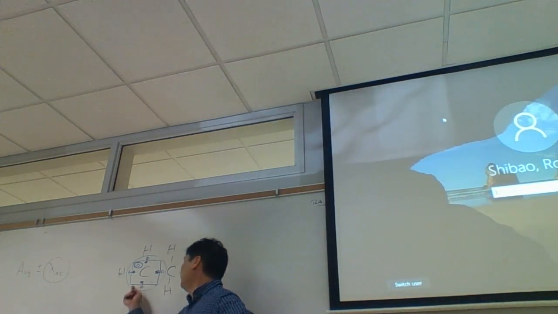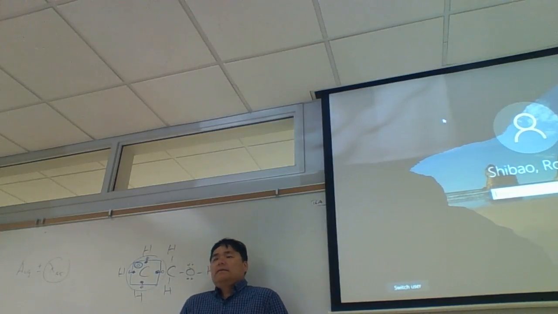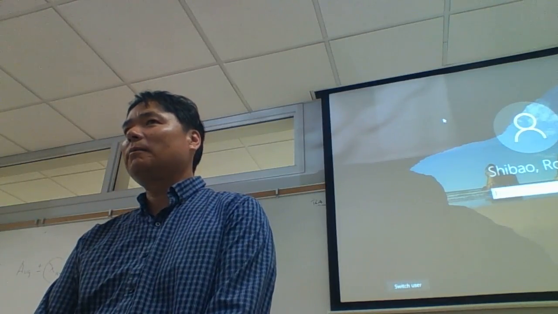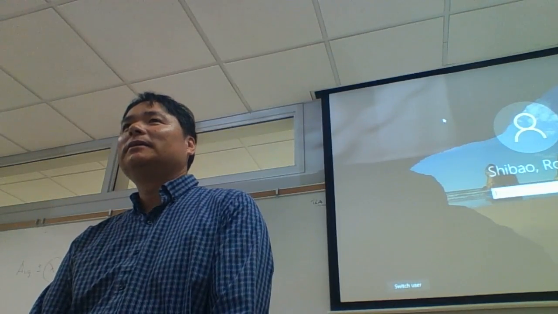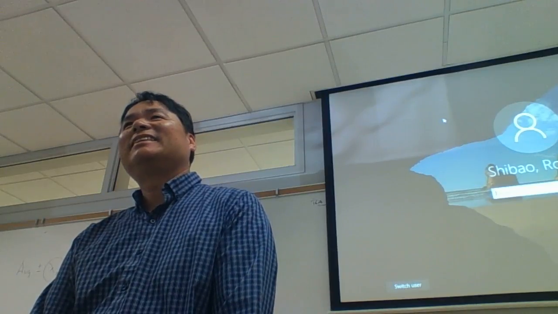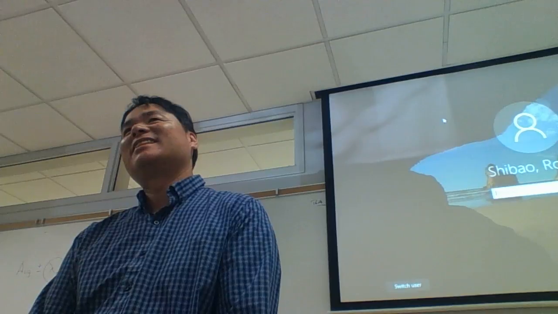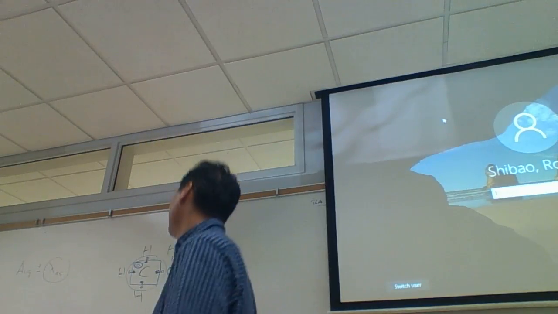All right, if formal charge is based on assuming the bonding is 100% covalent, then oxidation state is based on the bonding being, Paul, you remember? No. How about Kelly? You remember? Yeah, that's correct. Ionic.